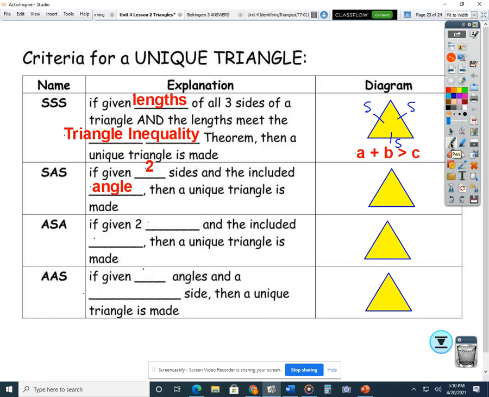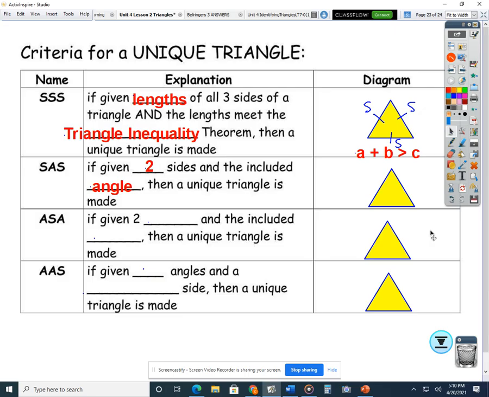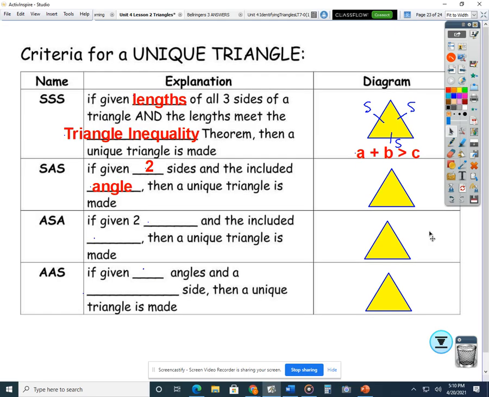Now, what's important to know here is what they mean by included angle. In this case, that means we are given a side, and the included angle is the one that comes in between those 2 sides. So this is our side, angle, side. And if we are given those 3 pieces of information, then yes, it will be a unique triangle.